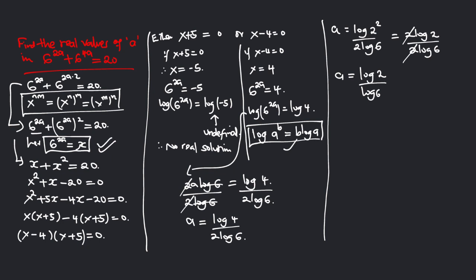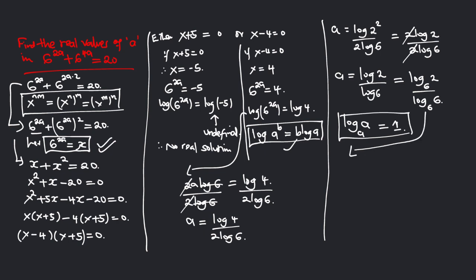Choosing to use base 6, we can write that as log to the base of 6 of 2 over log to the base of 6 of 6. Now, we also know that if you have log of a number to the same base, then that is equal to 1. So log to the base of 6 of 6 will become 1.